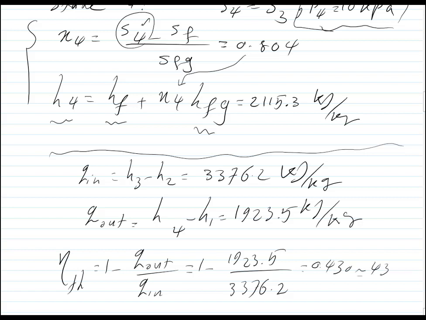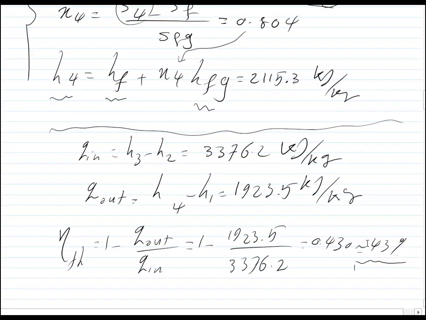You can see here the effect of the increase in the pressure of the boiler. When we increase the pressure of the boiler and also the temperature, both of them simultaneously, the efficiency is 43%.